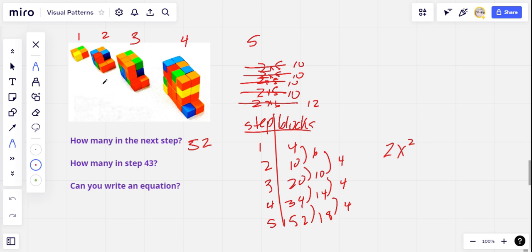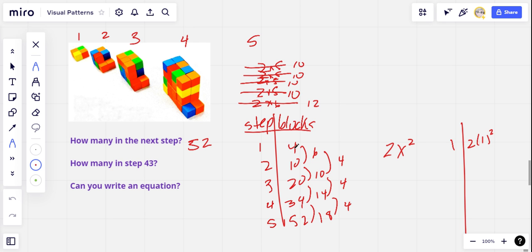Now, I don't think it's the easiest thing in the world to see the x squareds in these blocks because they're stacked up in this 3-dimensional shape. It's kind of hard to see it. So I'm just going to look at the numbers and see what that means. So in step number 1, 2x squared is 2 times 1 squared.